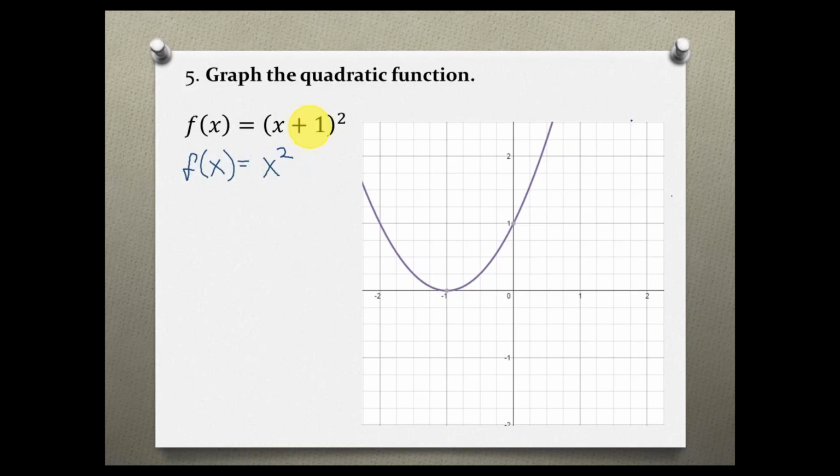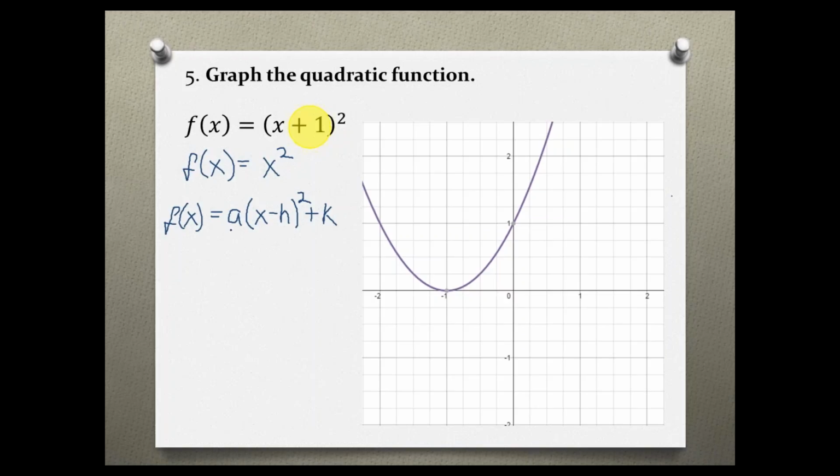To better understand why it is in the opposite direction, we have to look at the quadratic function in vertex form, which will be f of x is equal to a, and then within the parentheses we have (x minus h) squared plus k.